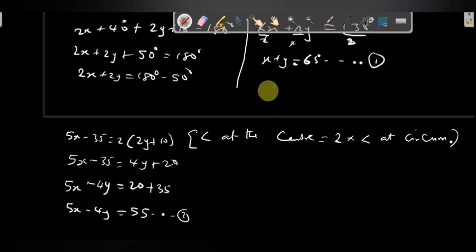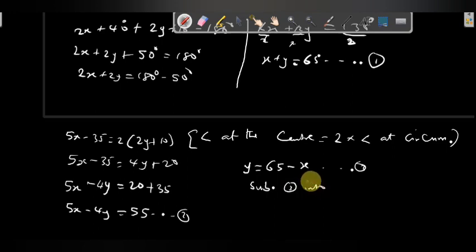So we have two equations here. Now we can use substitution or elimination method, but it's going to be easier to use substitution method because the coefficients of these are just one. So from equation 1, I'm going to make y the subject. So I'm going to have y equals 65 minus x. I'll call this equation 3. Then I'll substitute equation 3 into equation 2.